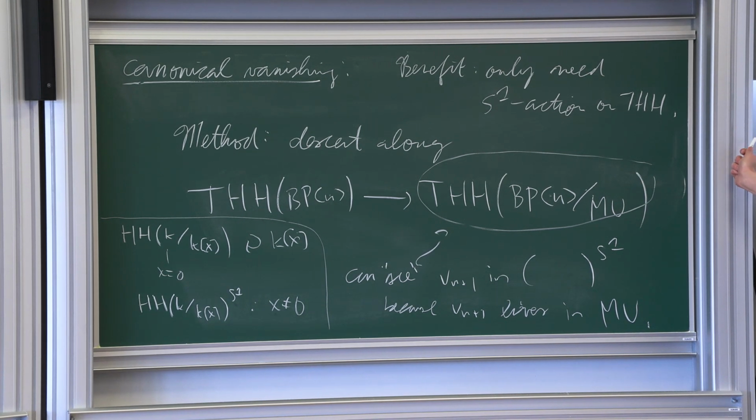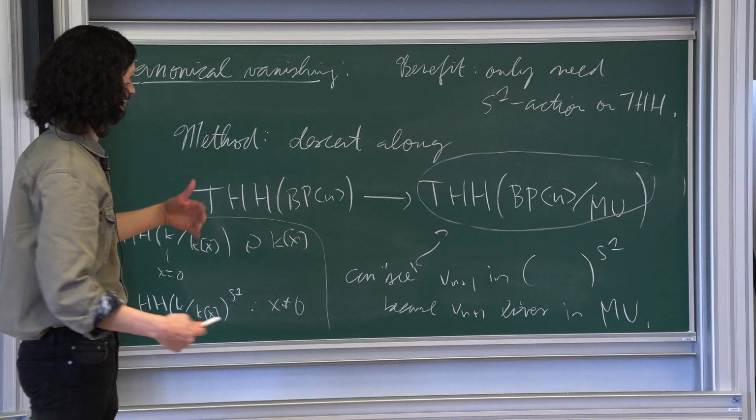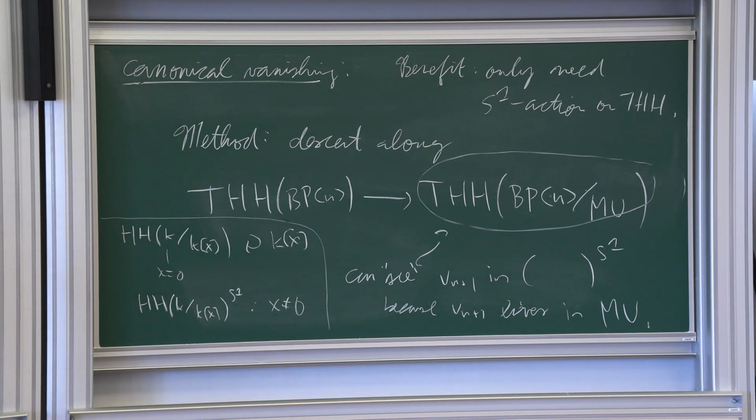You analyze the associated spectral sequence, and you take homotopy fixed points at every term, and then you make some analysis of the resulting spectral sequence and show that it degenerates fairly quickly. And the action is of S1.